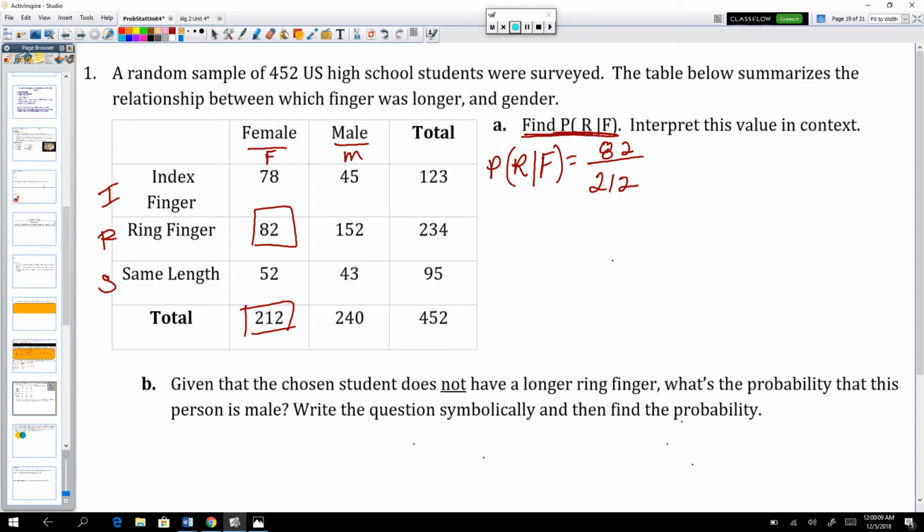When you get that probability, as you know, on tests and quizzes I hardly ever ask you to just spit back a number, like 0.387. I need you to interpret that value.